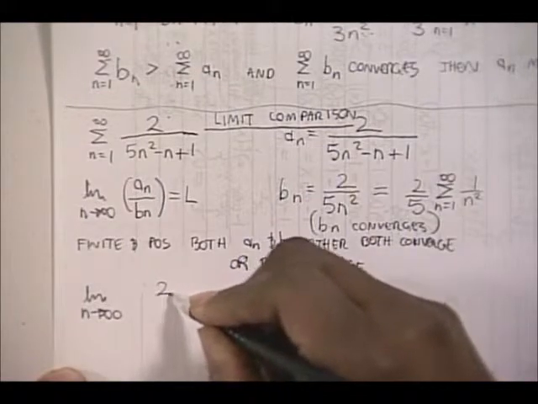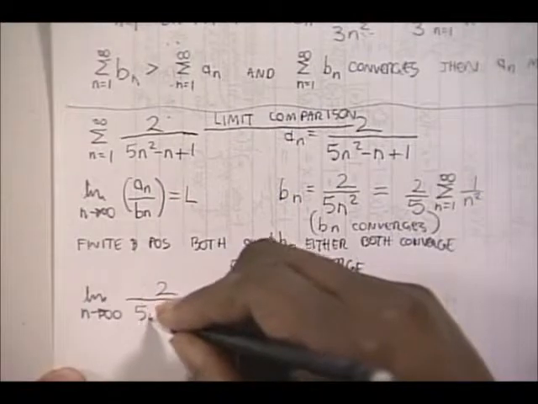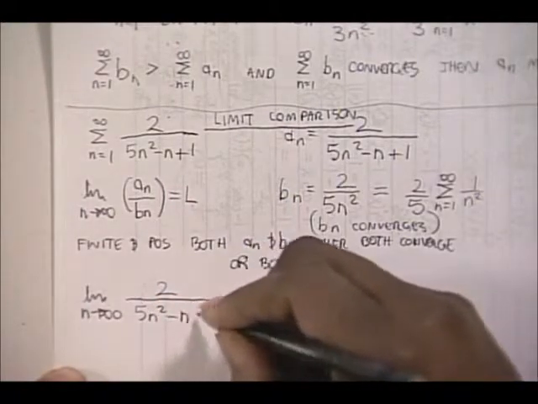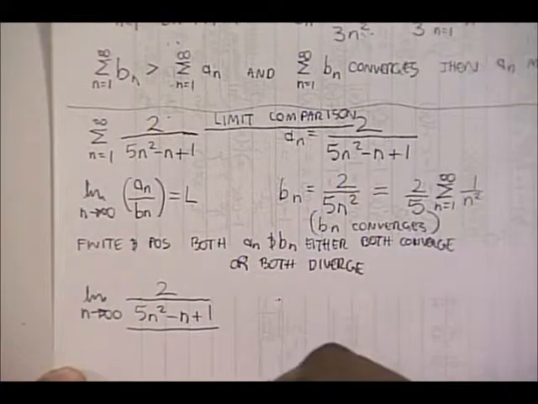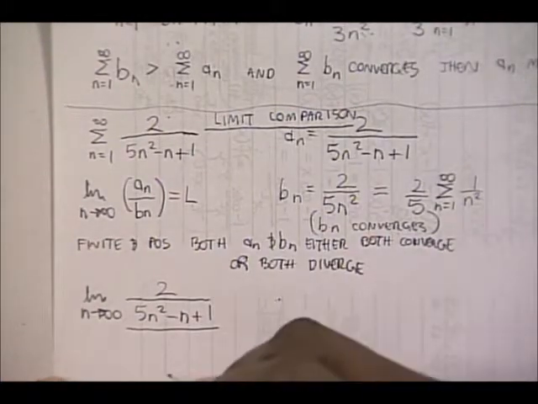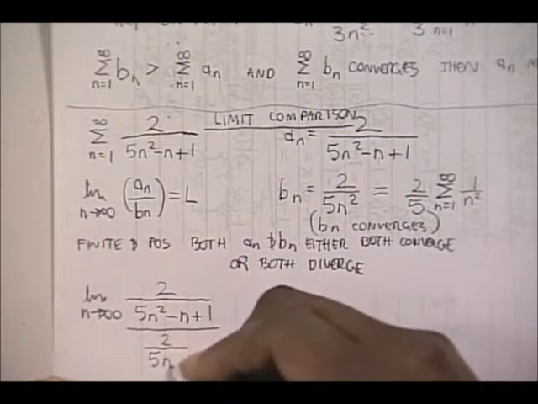We've got 2 over 5n squared minus n plus 1 divided by B sub n, which was 2 divided by 5n squared.